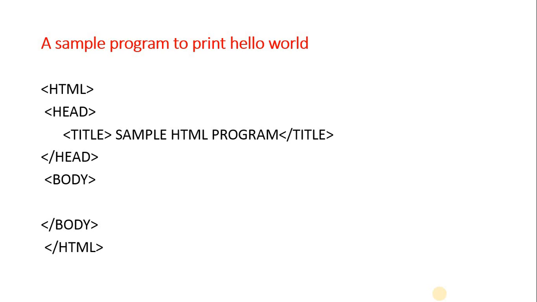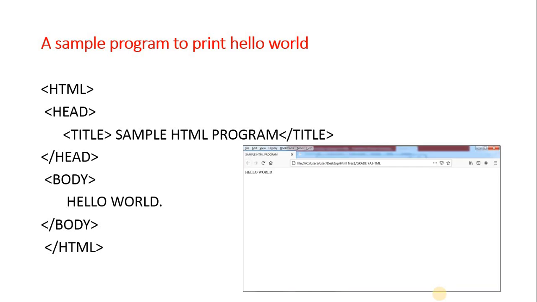Here I am going to write some text in between body tag. Hello world. So let's see what will be the output of this program. See, this is the output. Here is the heading and this is the body part, hello world.